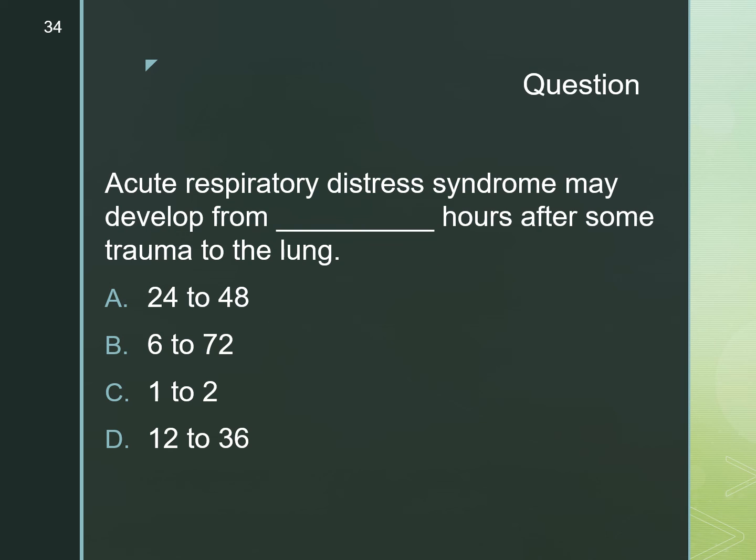Acute respiratory distress syndrome may develop from how many hours after some trauma to the lung? Your book says 8 to 48. So the closest answer here is going to be B, 6 to 72.